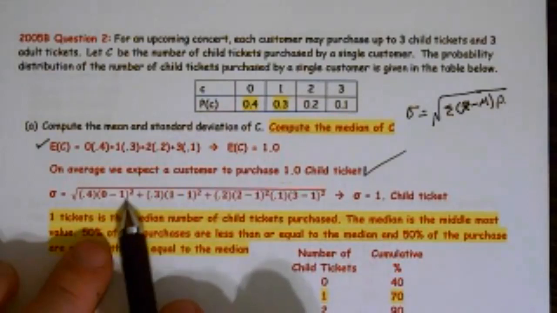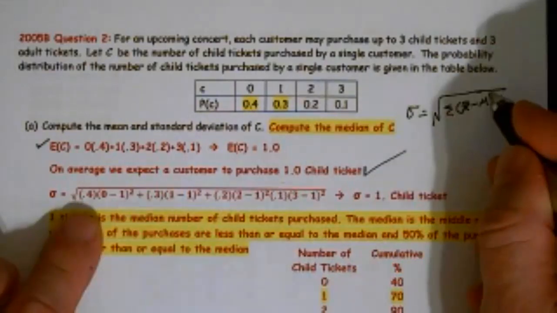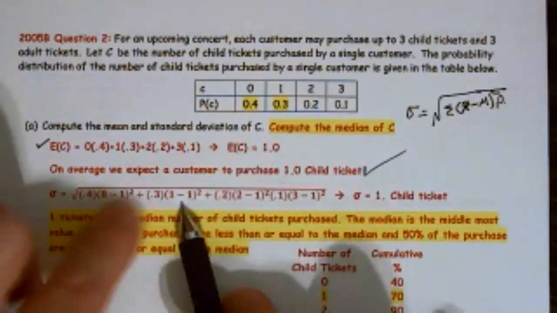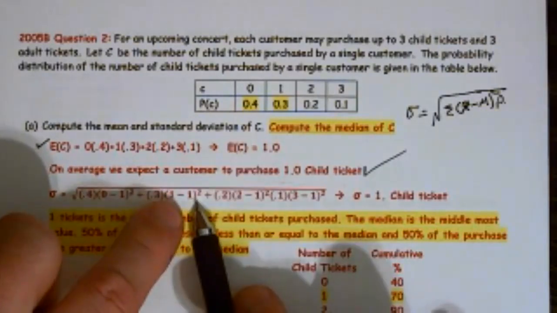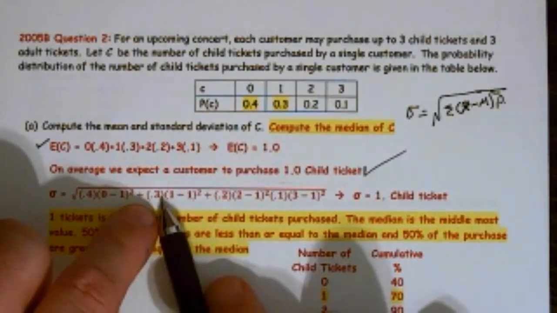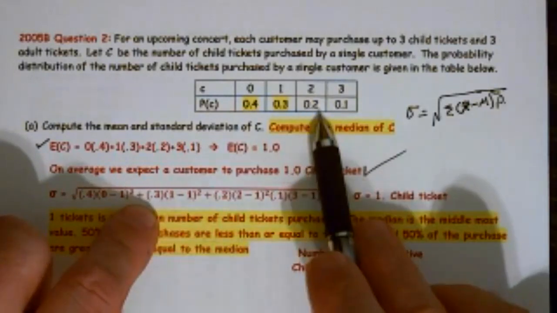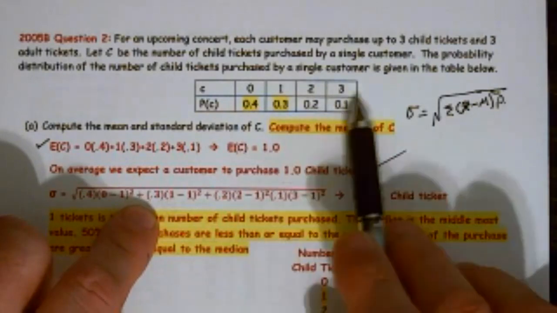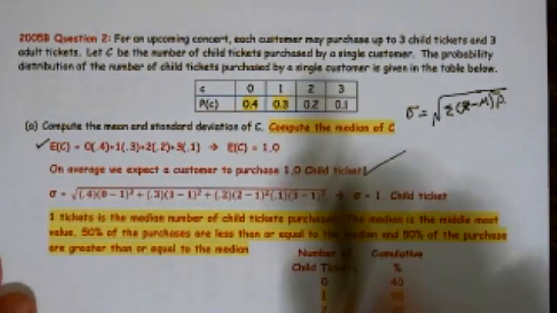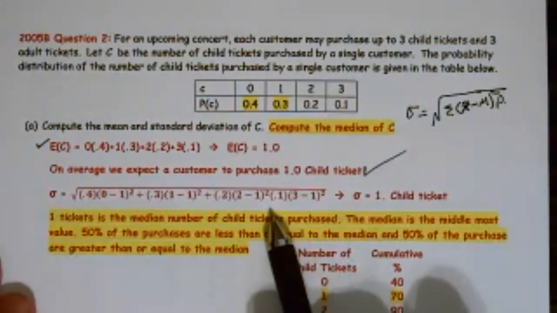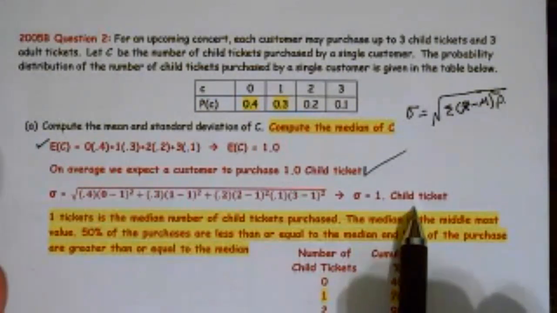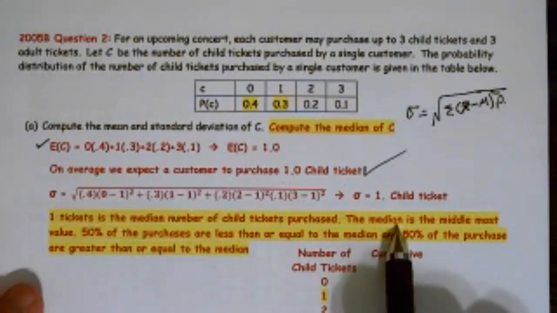So 0 minus 1 squared times 0.4, the probability, and 1 minus 1 squared times 0.3, and 2 minus 1 squared times 0.2, and then 3 minus 1 squared times 0.1. And once again, we get 1 child ticket. So we end up with 1 for both of these.